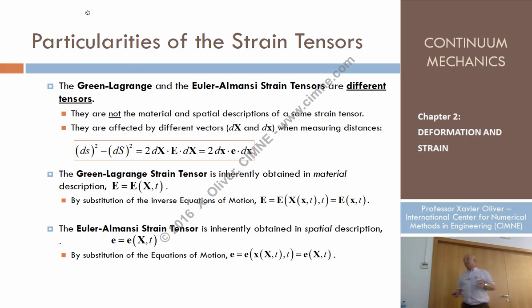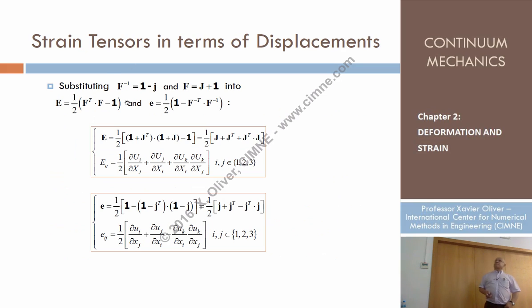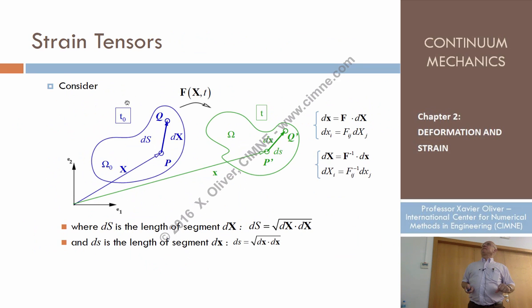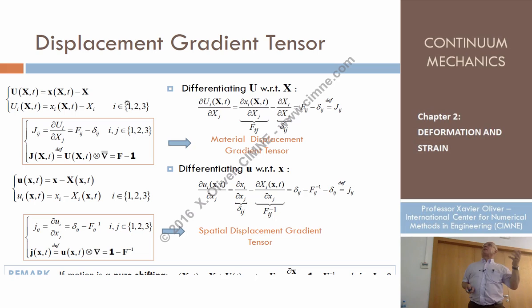Okay? Taking time. So, now some additional operations. Going back a little bit to what we saw before, when we talked about deformation, we just introduced the gradient of displacements.